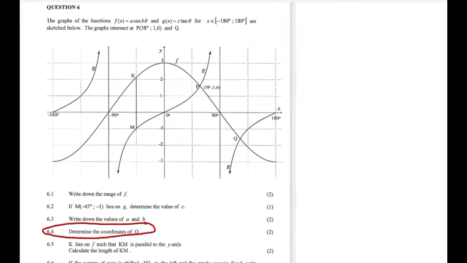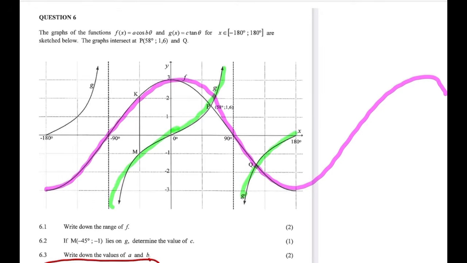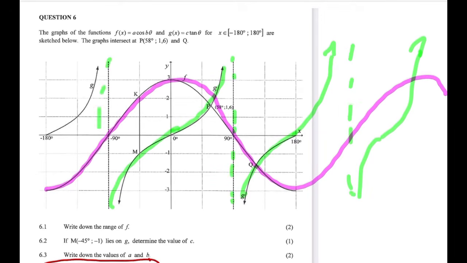So this graph is going to keep going this way forever. It's going to keep doing that. The tan graph is going to keep going this way and again there, with asymptotes oscillating between these. Okay, so these are just patterns that keep going on forever and ever indefinitely.